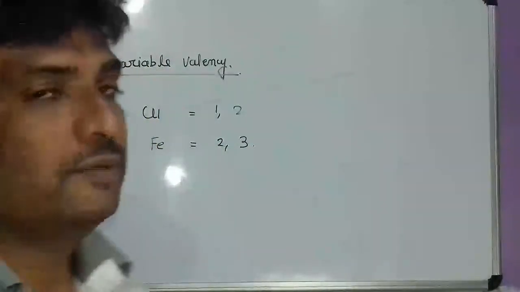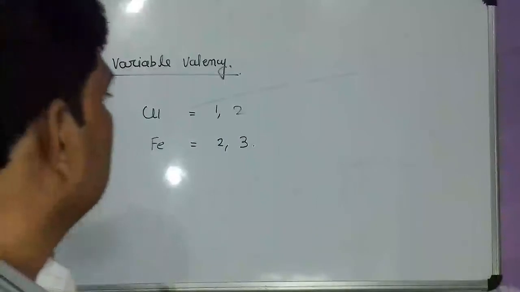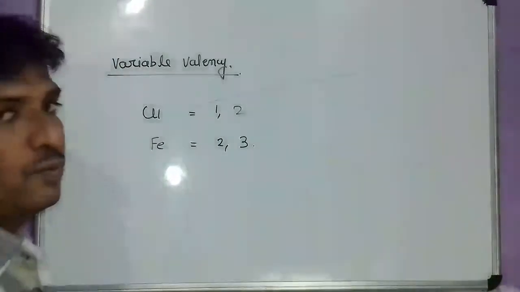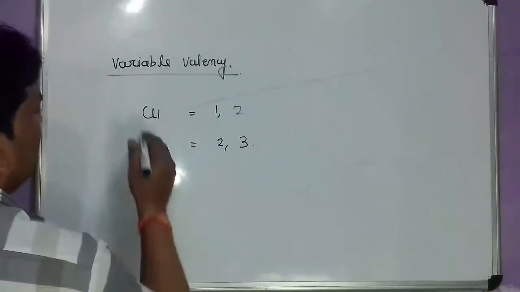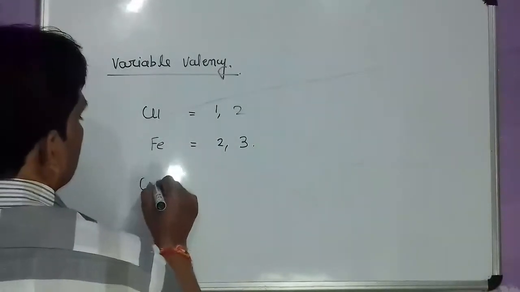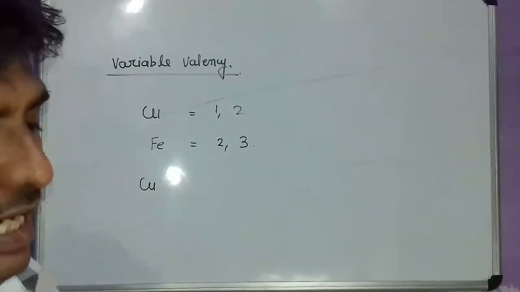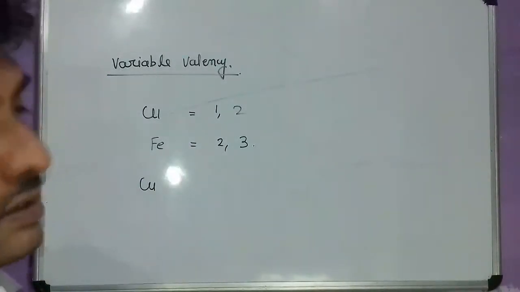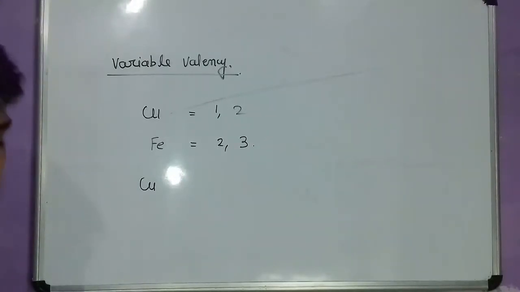Now how do we represent the lower valency and higher valency, and in which pattern? Here Cu is copper. Copper, spelling is C-O-P-P-E-R.